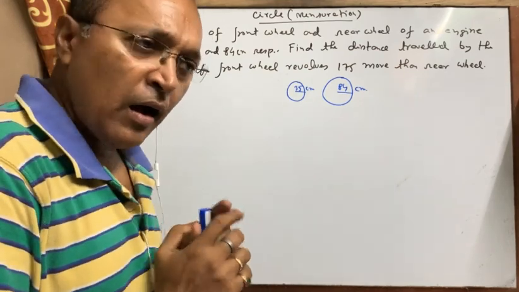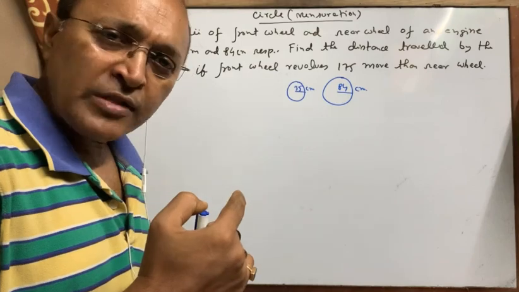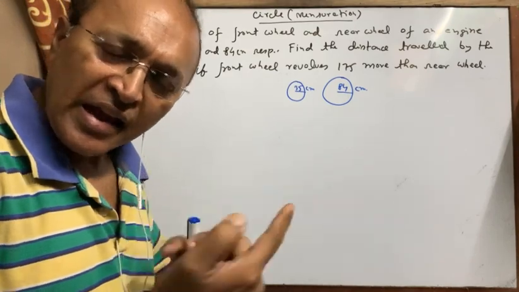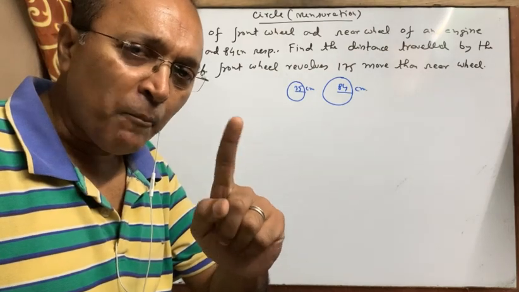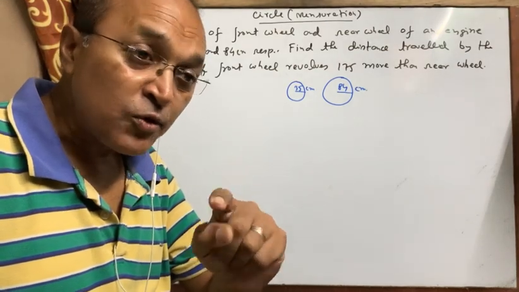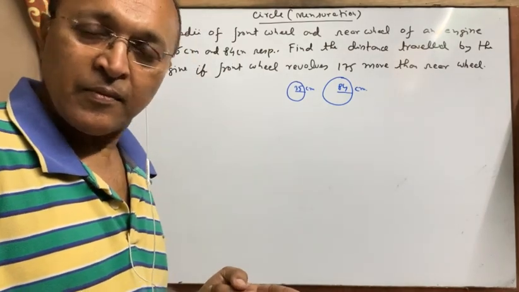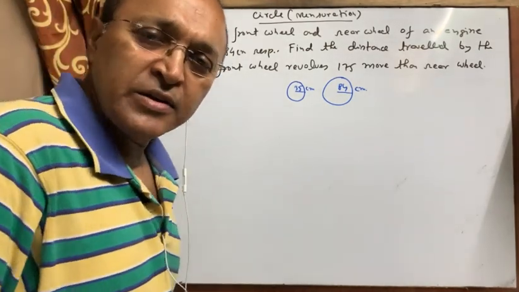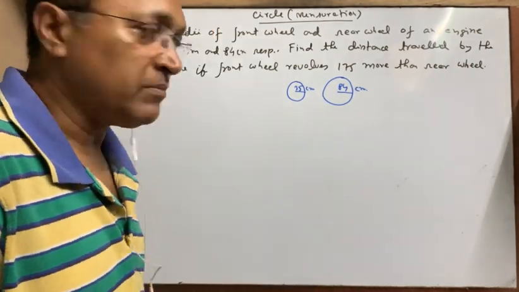So, our first duty is, when the question of rotation arises, one complete rotation means 2 pi r, one circumference. Okay. So, let us find the circumference of each wheel.